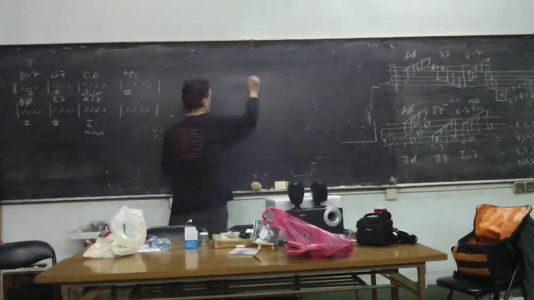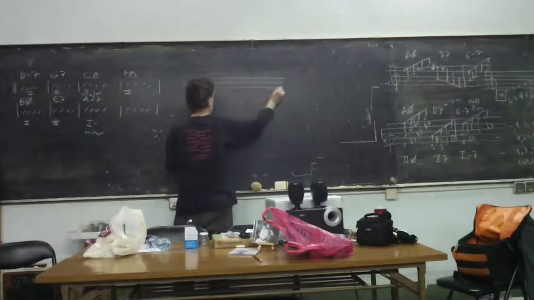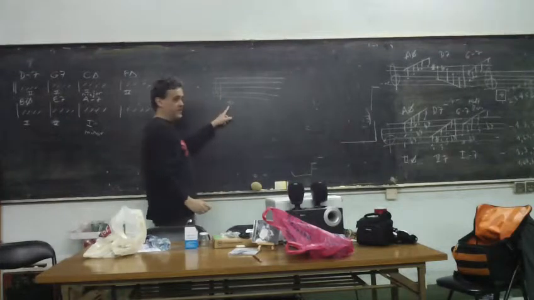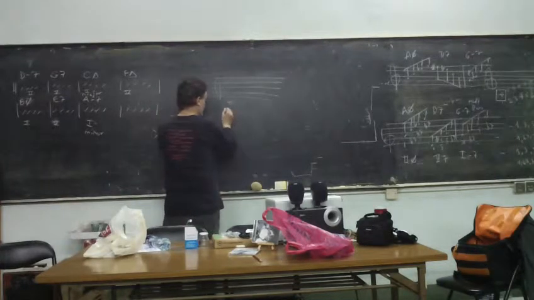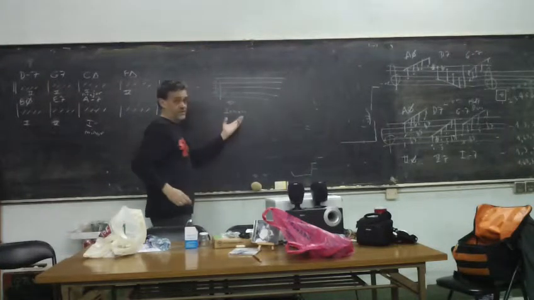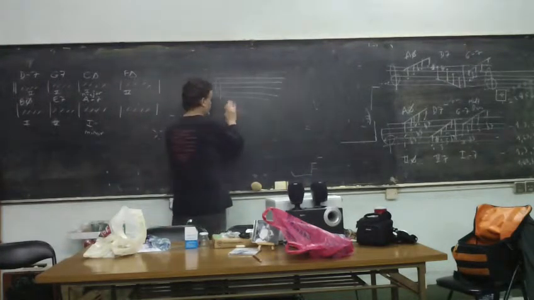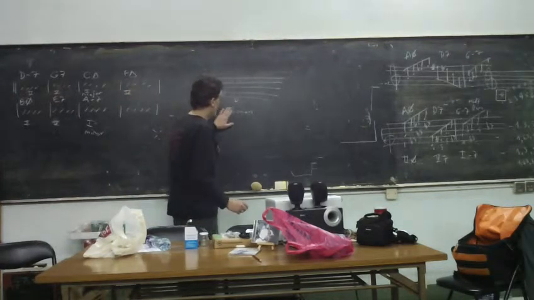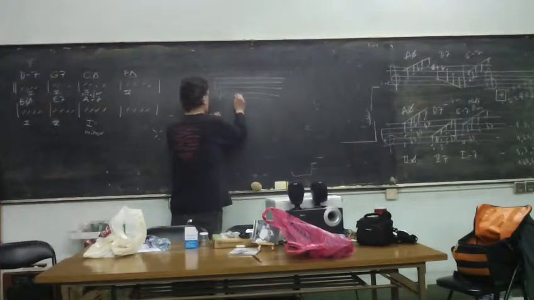So, you know, from the major scale, if we start here, it is the Ionian mode, which is the major scale itself. If we start here, it is the Dorian. If we start here, the major scale is the Phrygian.